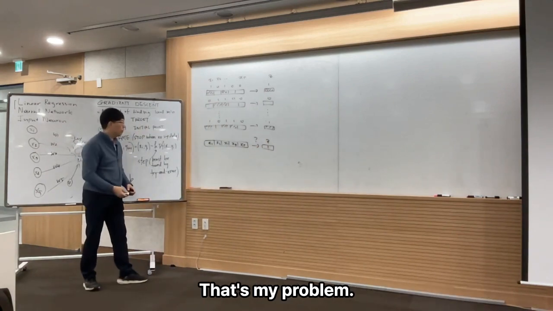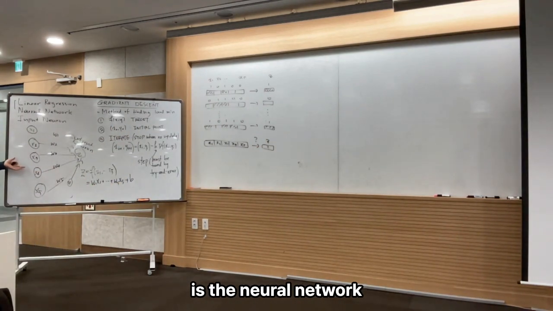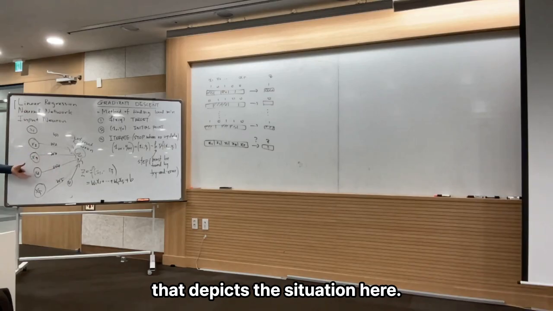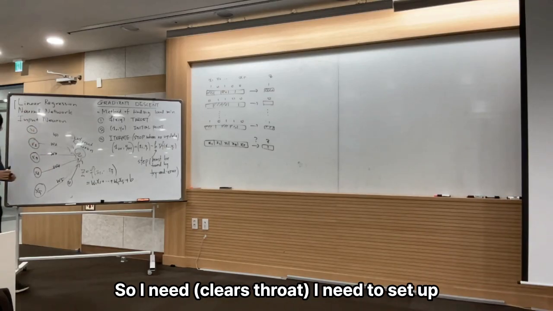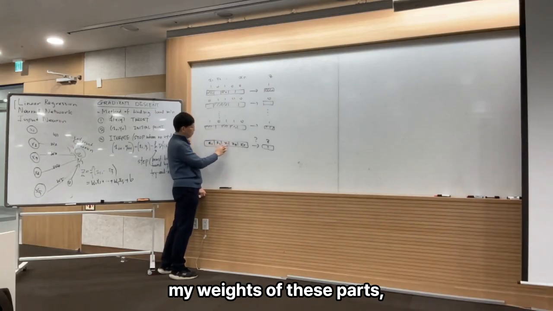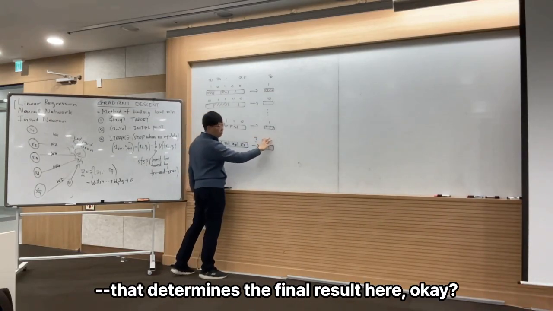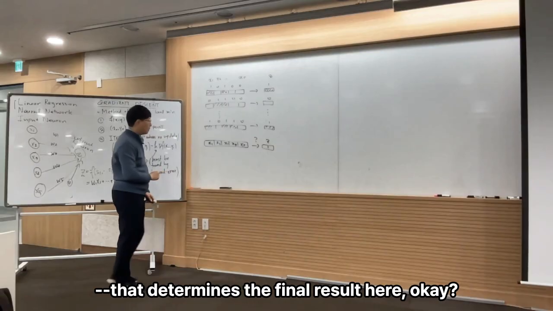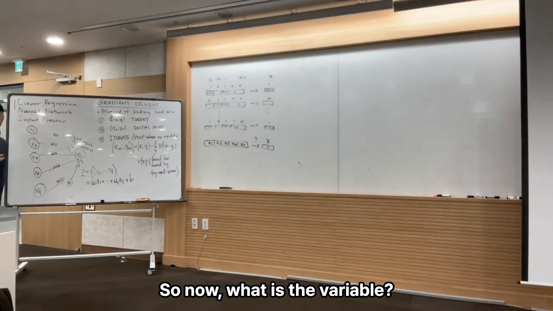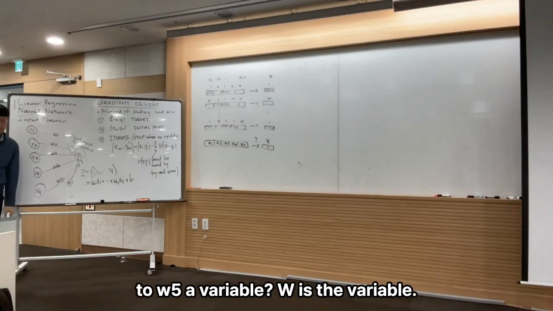That's my problem. So this is my function, and this is the neural network that depicts the situation. I need to set up the weights of this part, the weights that determine the final result here. Okay? So now, what is the variable? Is x1 to x5 the variable, or w1 to w5?